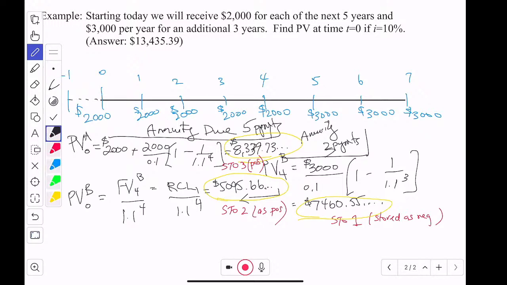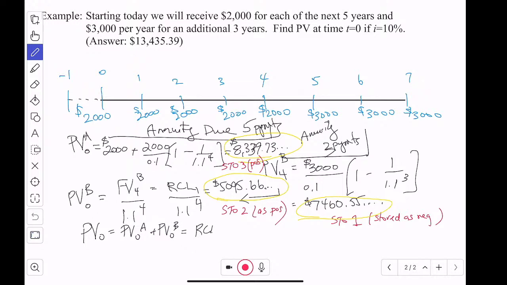And my final answer is to add A and B, which is just recall 3 plus recall 2.